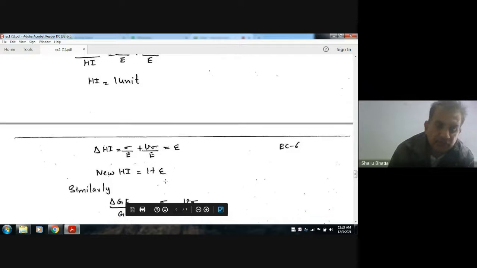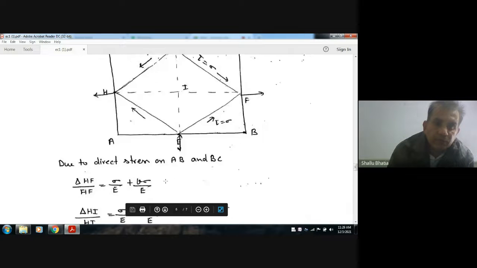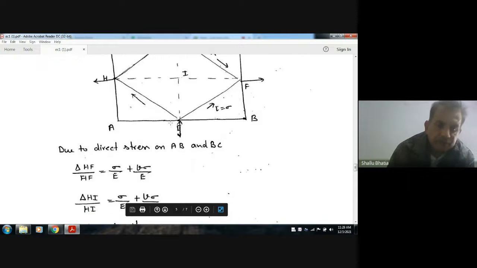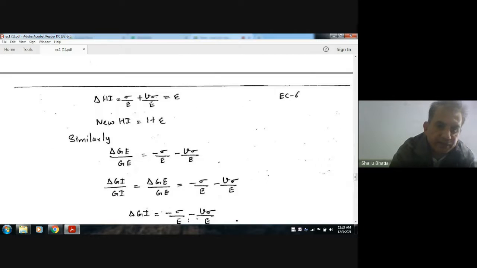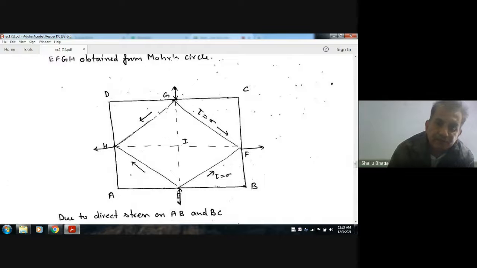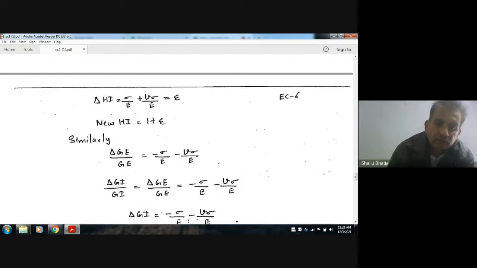Similarly, we can find out the change in GE by GE. There will be a decrease in GE because there is direct compressive stress acting on it, that is sigma.